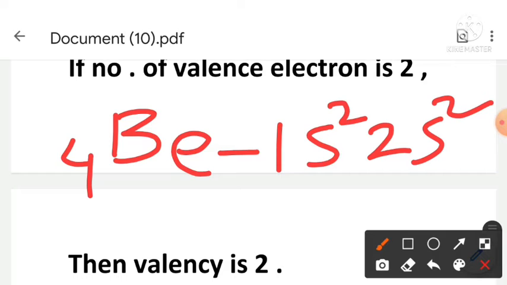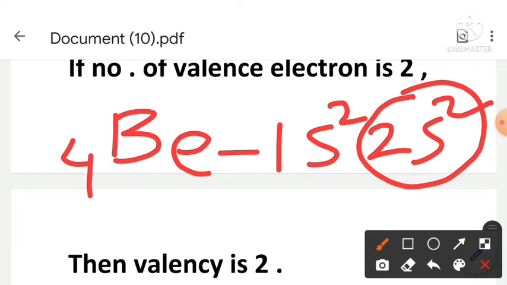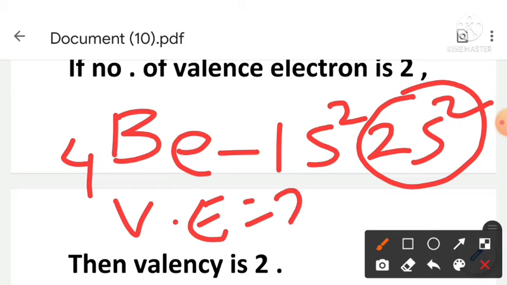In the beryllium element, the outermost shell is 2s2 and the number of electrons present in 2s2 is 2, so valence electron is 2, then valency is also 2. Now here it is clearly shown.